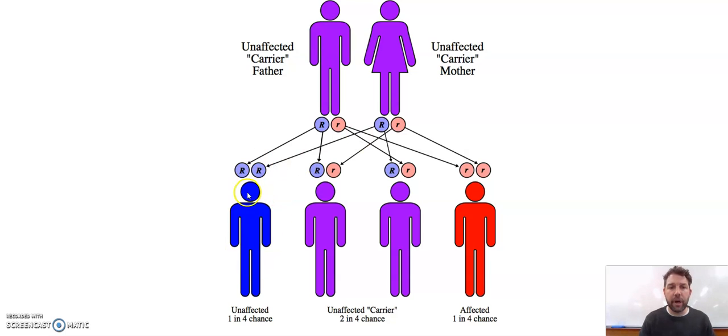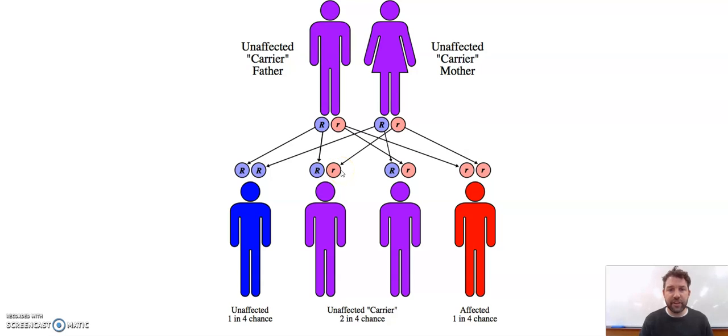So here are the 4 possible combinations for their offspring. They could both pass down their dominant gene, and the dominant one masks the recessive one. So that's why these are healthy, even though they have the recessive allele. So dominant, dominant: completely healthy, unaffected offspring.